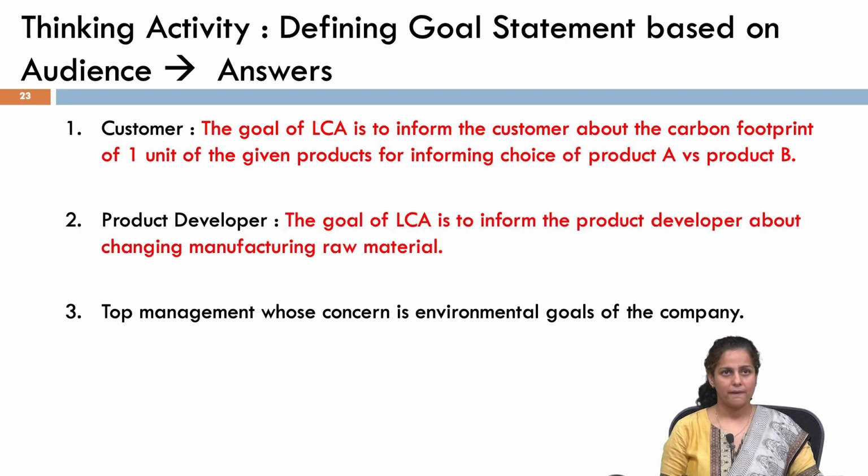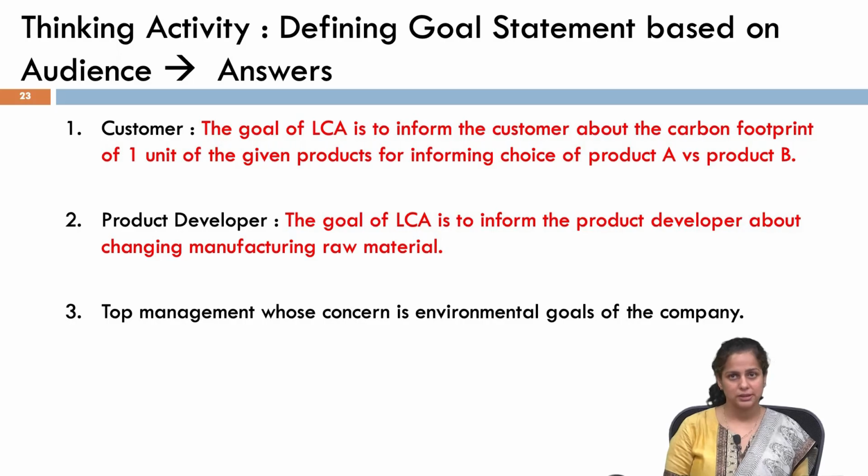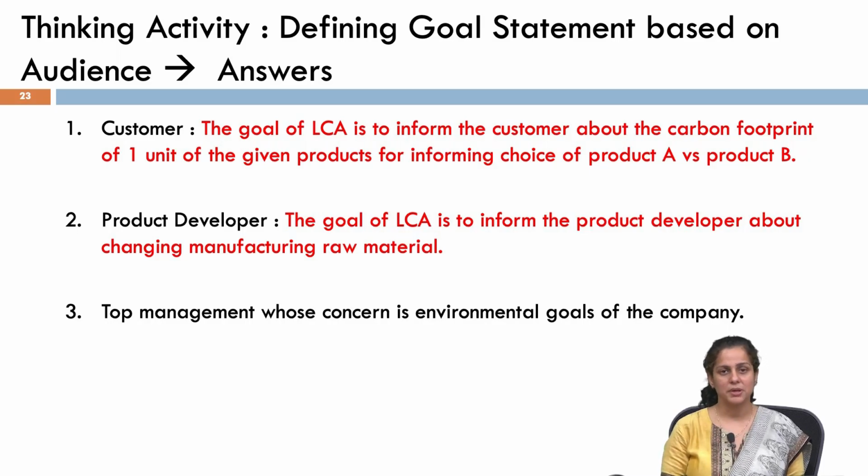For the product developer, the goal of LCA in this case is to inform the product developer about changing manufacturing raw material. So, here again your LCA should be able to highlight the differences between the impact if you change the raw material itself. Changing the raw material could not only mean that you are changing the material input, but also the upstream processes that are making that product.